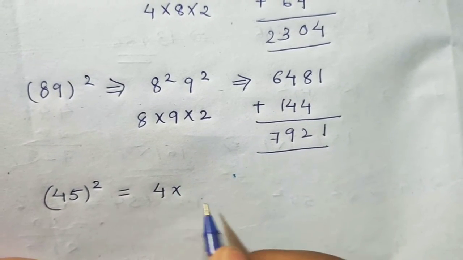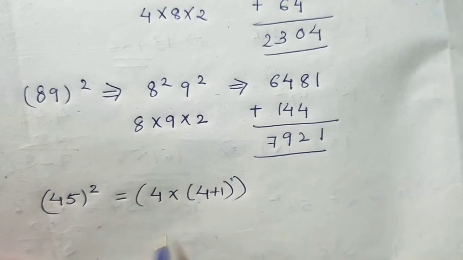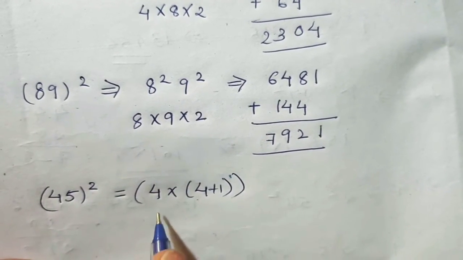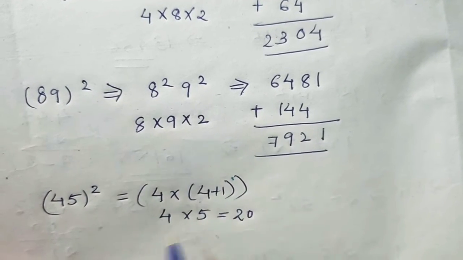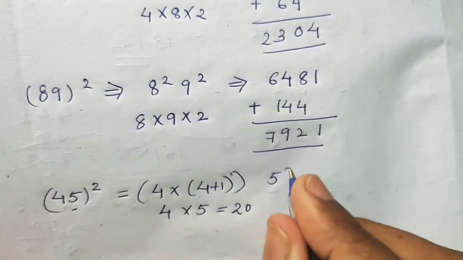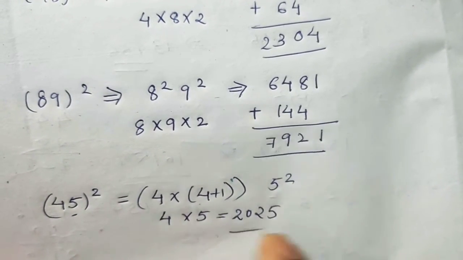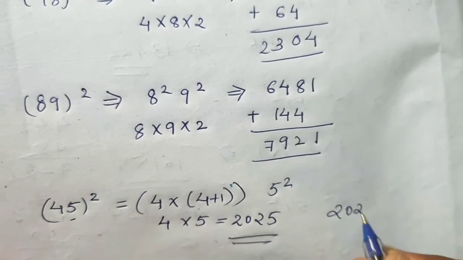That is 4 plus 1. Then we have to do the multiplication of these numbers. That is 4 into 5, which is equal to 20. Then we have to take the square of this 5 square. Okay. So this is the square of 45. That is 2025.